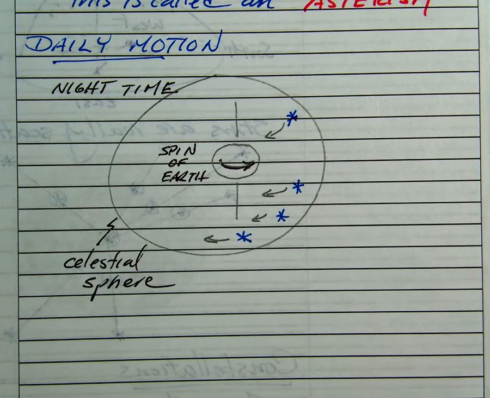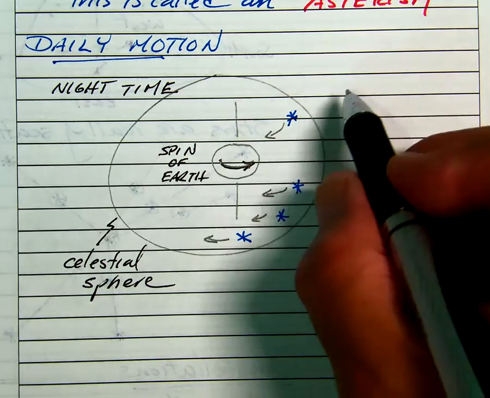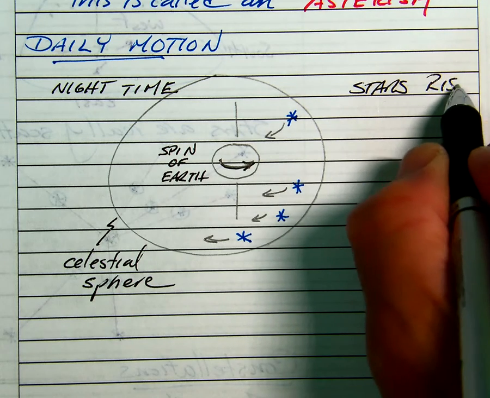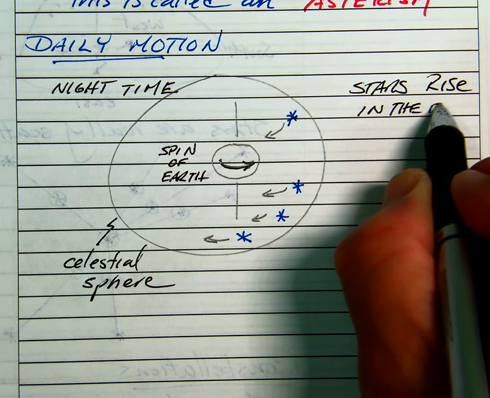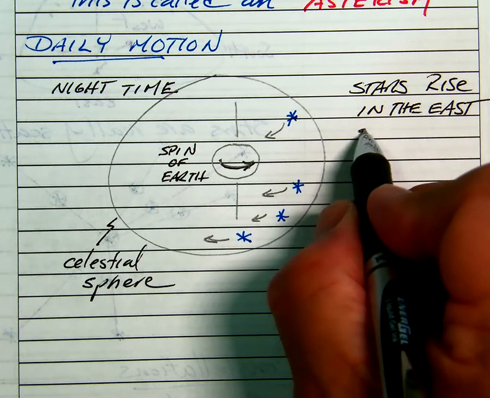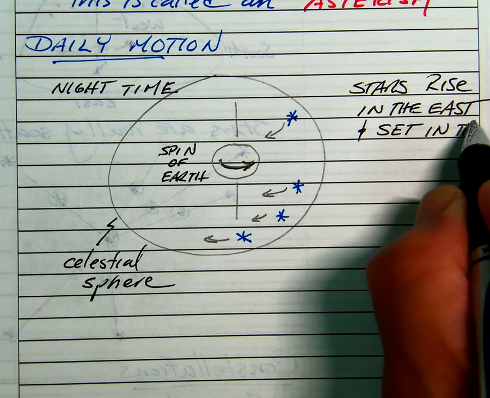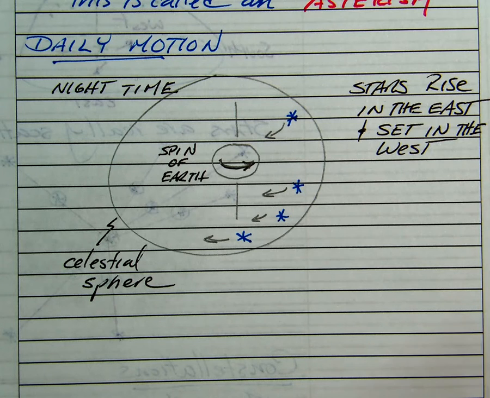So what can we say about that is that this is of course nighttime. Stars rise in the east and set in the west. Now, what we're kind of seeing as a comment here, do the stars appear to be moving?